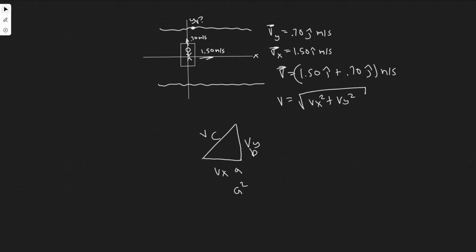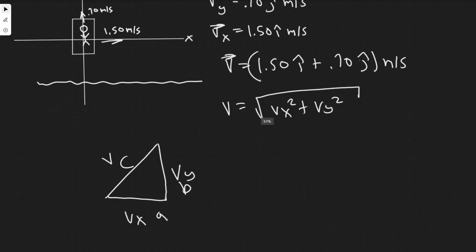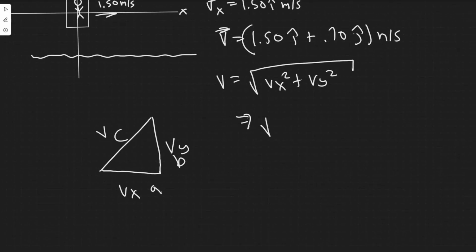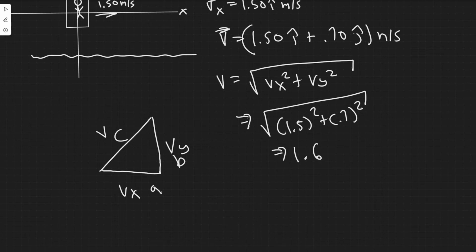So all we've got to do is really just plug in the values now. So we have 1.5 squared plus 0.7 squared. Let me get on my calculator and we can go ahead and plug that in. So the square root of 1.5 squared plus 0.7 squared, you would get 1.655, and the units are meters per second.